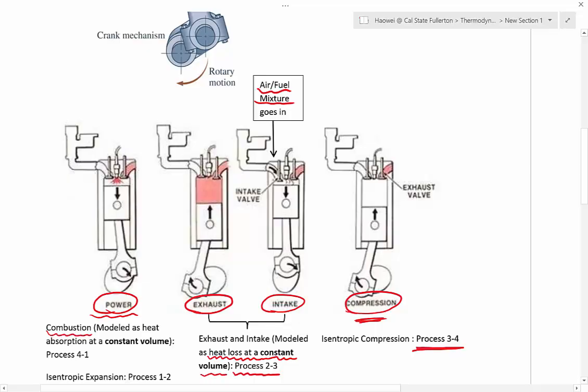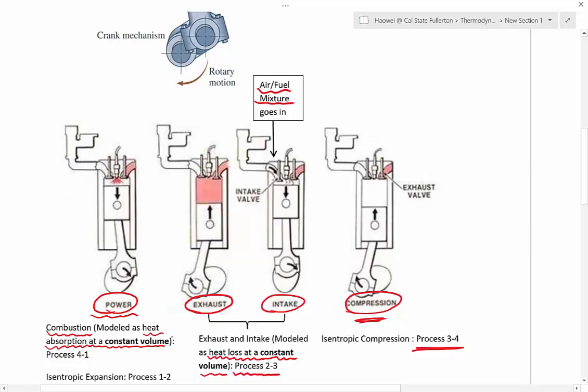We model the combustion process as a heat addition process. You add heat to the gas at constant volume. We call it process 4-2-1. Why is it at constant volume? We already explained. Because you provide a spark, combustion happens really fast.